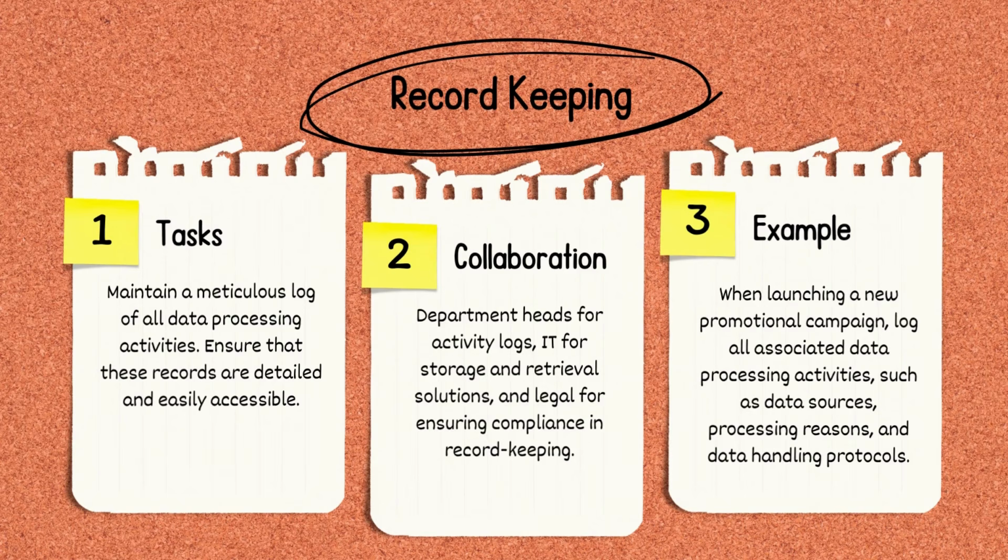And the collaboration, you need to collaborate with the department heads for activity logs, IT for storage and retrieval solutions, and legal for ensuring compliance with record keeping. Example, when launching a new promotional campaign, you need to log all associated data processing activities, such as the data sources, the reason for the processing activities, and the other data handling protocols.